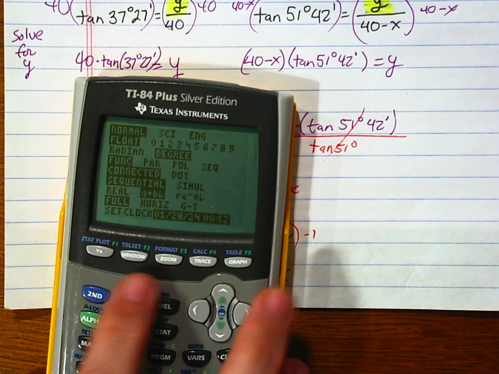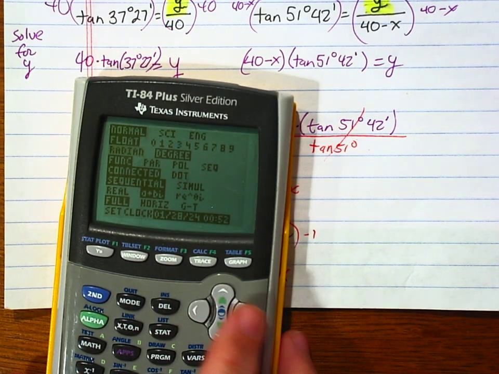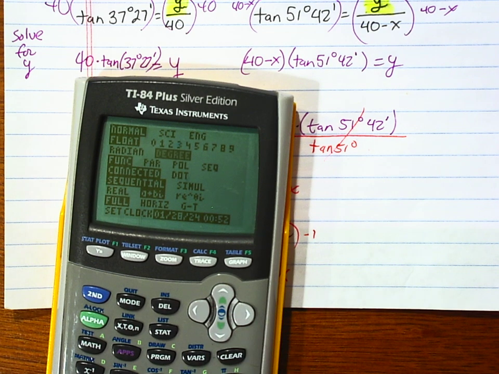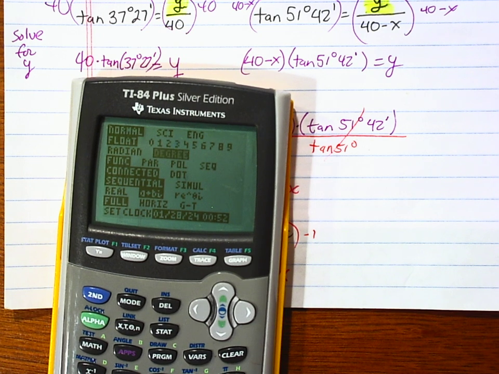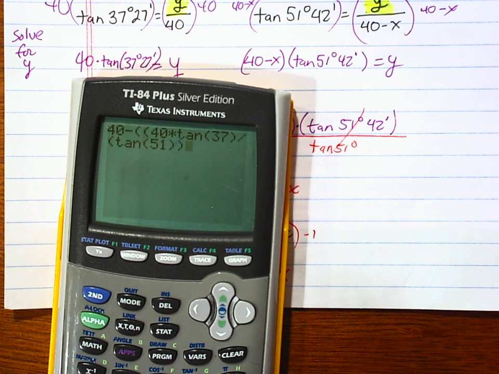So always check that you're in degree mode when you're dealing with real life angles, because those are most often going to be in degrees. So make sure you're there. If not, you can be in radian mode and it'll work. And I'll show you how to do that in a second.